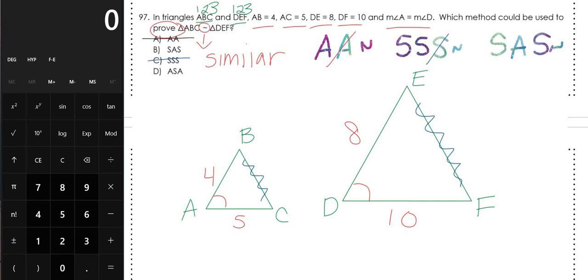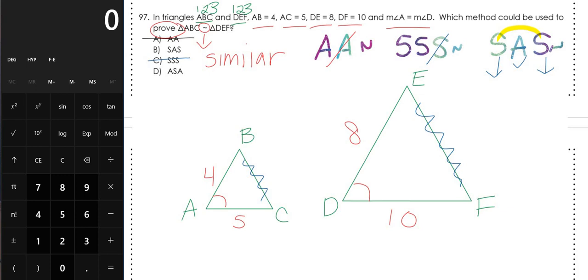And lastly, we have SAS. That requires our side lengths to be in proportion and the angle in between them to be congruent. Now, we have angle A and angle D as our congruent angles. So it does look like our first pair of angles is congruent. Now, the two side lengths that include that angle, include means they're going to be on the two sides that make up that angle.